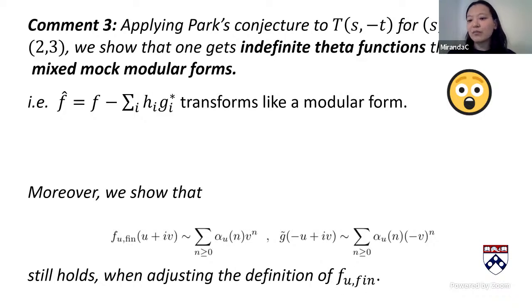But now you have more singularities to subtract, not just the singularities from F. Sometimes H will develop singularities near the rationals, and you need to subtract those singularities as well. And there again, they are exponential singularities that we don't know how to interpret from the Chern-Simons point of view at all. So we just subtract them, and once you do that, the perturbative part still works perfectly as expected. That's kind of a surprise for us on the journey.